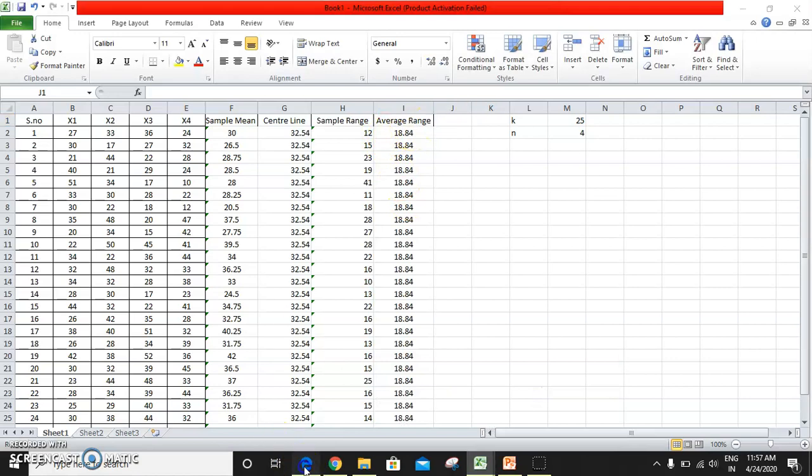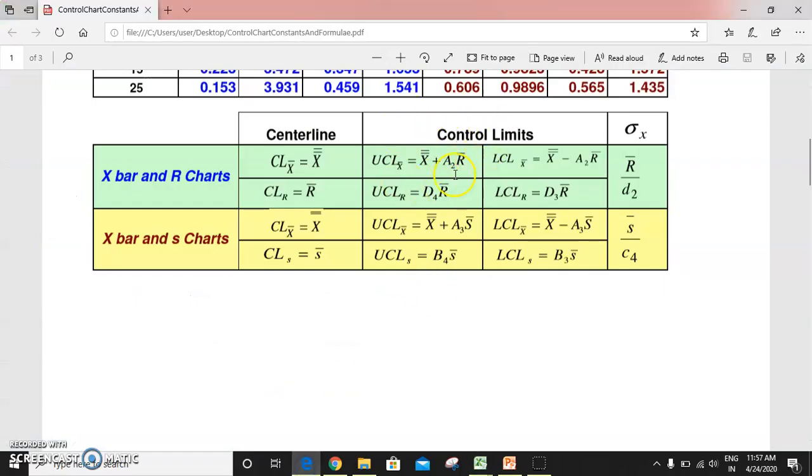That is, your average range. Now we are trying to understand how we are going to find out the upper control limit. So here A2, what is this A2? And in the lower control limit, again the formula is the same, just the difference is that here we are talking about addition of 2 terms, and here it is the difference between the 2 terms.